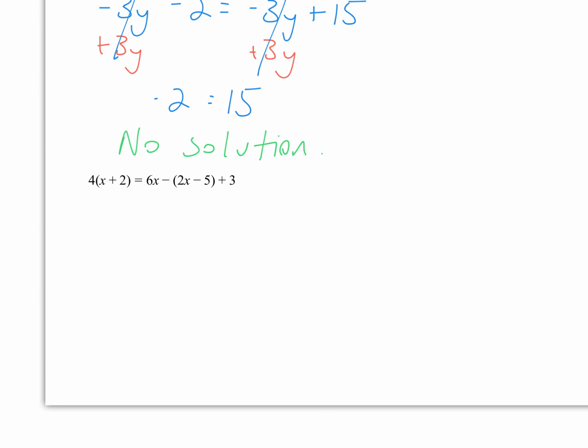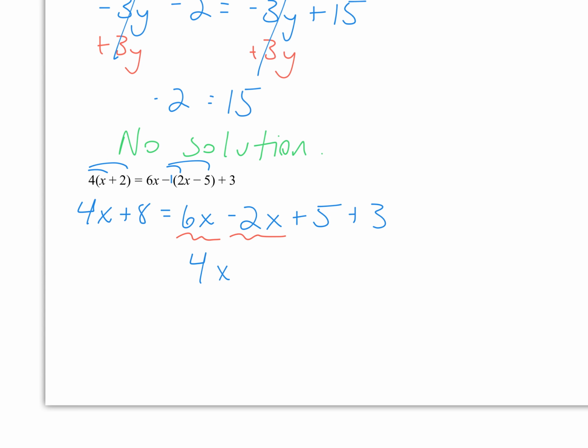Looking at the very last example, I'm going to go ahead and distribute this 4 and this negative 1. Combining like terms, I see a 6x minus 2x gives me 4x's. I see a 5 and a positive 3 plus 8. So now I can already see I have the left side equal to the right side.